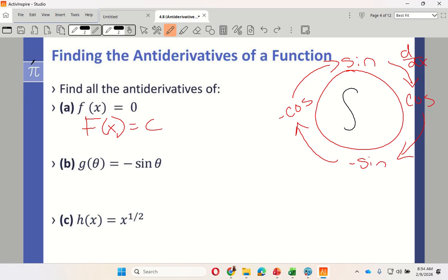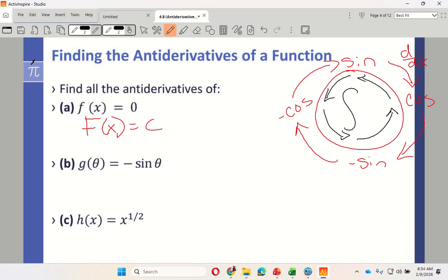So that's a symbol for it. All right, so we just work it backwards.